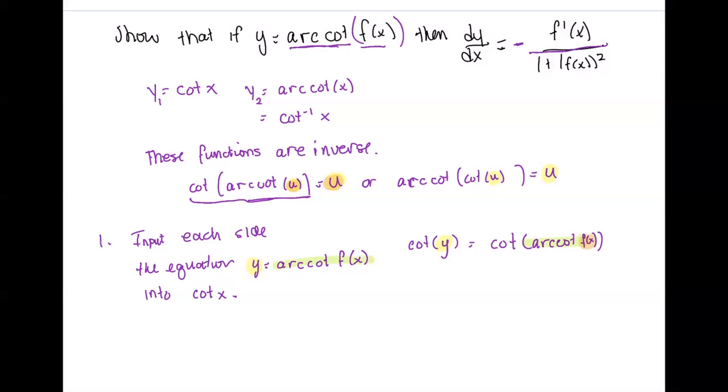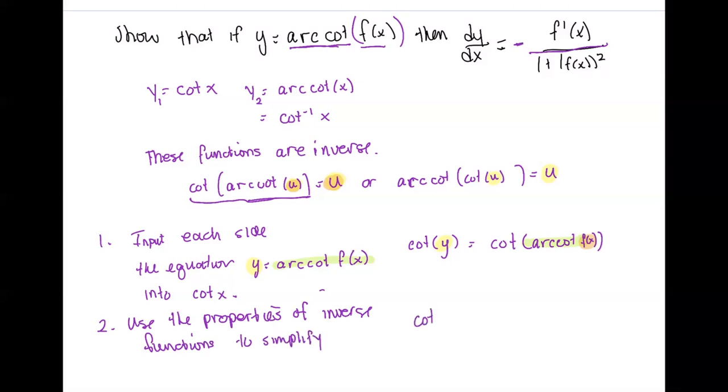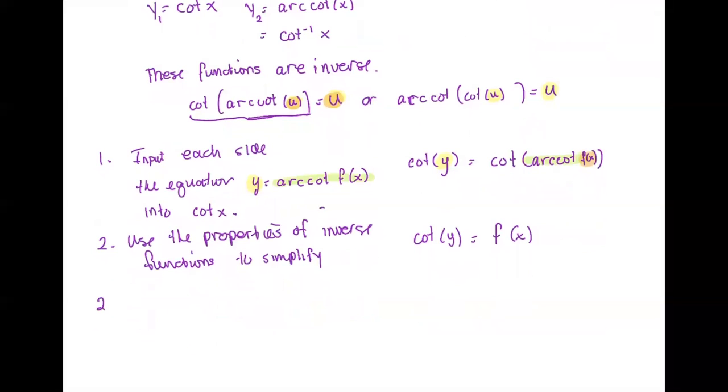On this right-hand side, use the properties of inverse functions to simplify. So I have the cotangent of y equals f of x. Okay, good.